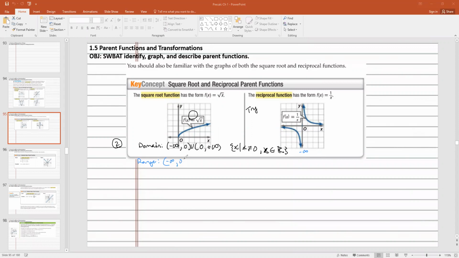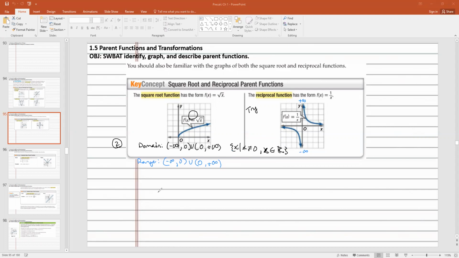Then we also have a break there, and then it goes from 0 all the way to the top, positive infinity. And again, it would be the same for the set builder notation.